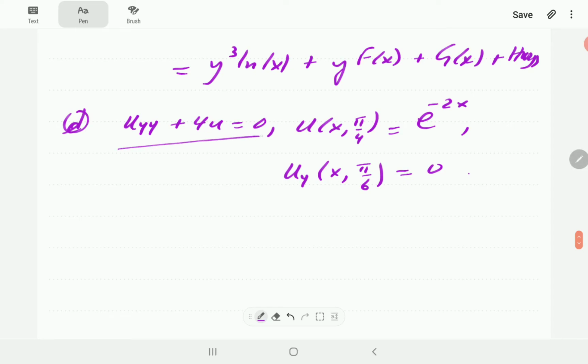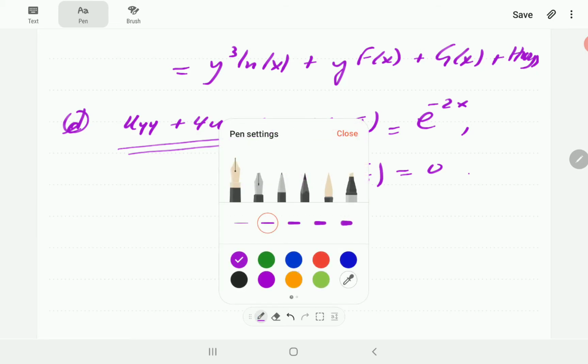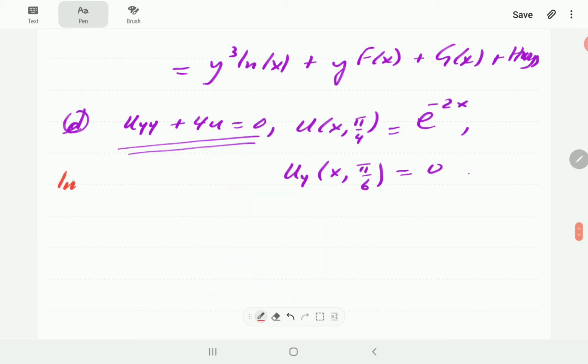Now, since this is linear, so that's the first condition, and second, it's just derivatives of y. Okay, then we can treat this as an ODE.